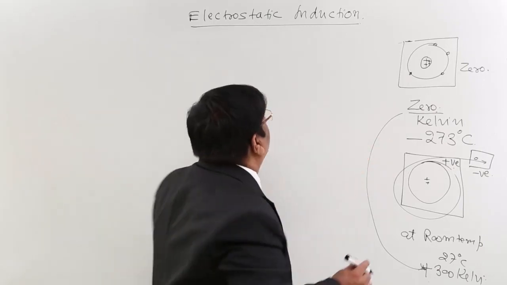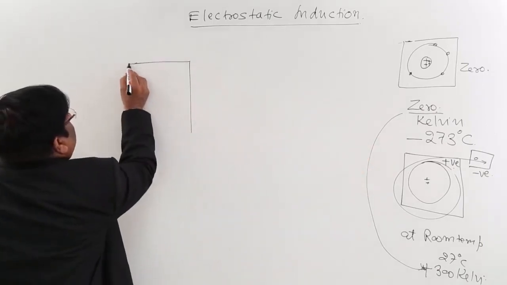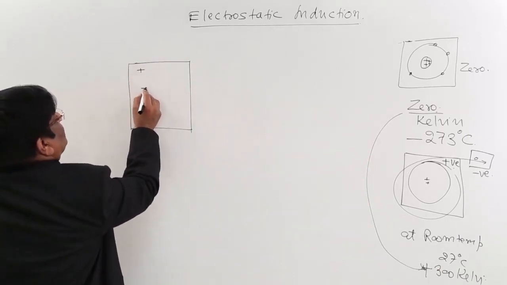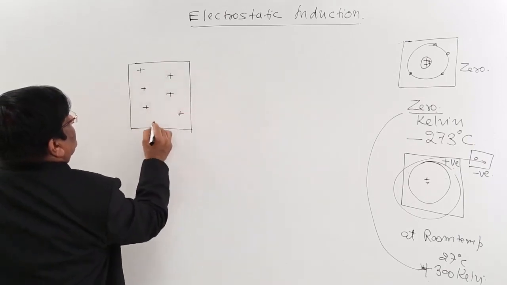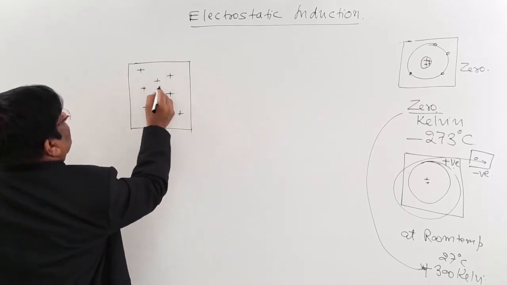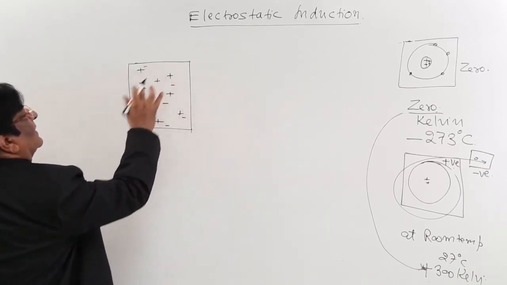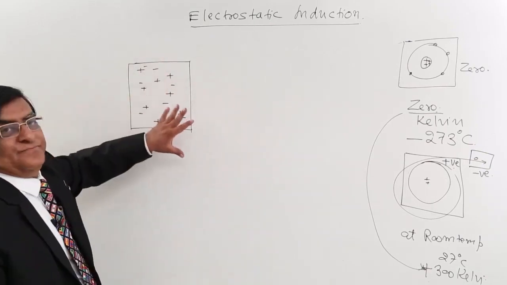So now we have one body, it has got many positively charged particles and many negatively charged particles. How many? Answer: equal in numbers, because the net charge of this is 0.